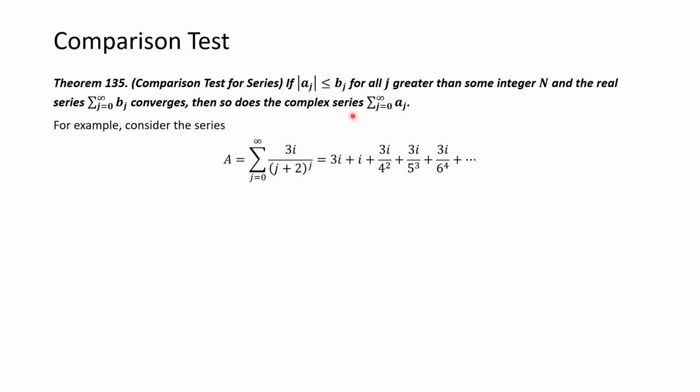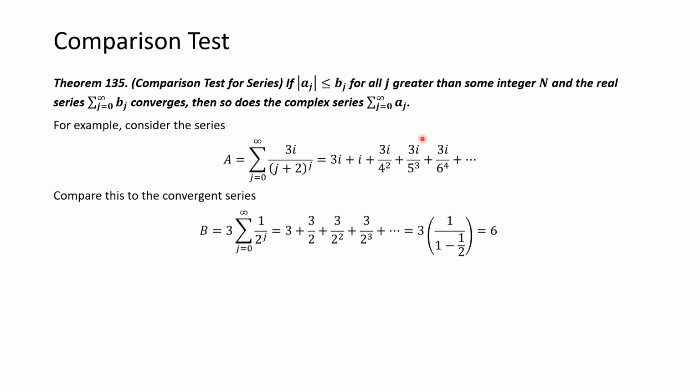So we have an example here. We'll take this series here, 3i plus i, 3i over 4 squared, and so forth. When you plug in j equals 0, 1, 2, you have that series. So the question is, what do we compare this to? Well, we have a geometric series that is pretty similar, which I've drawn down here.